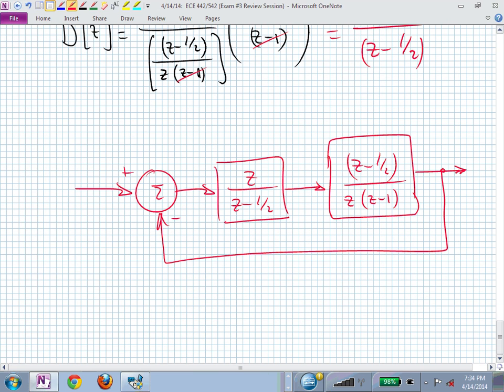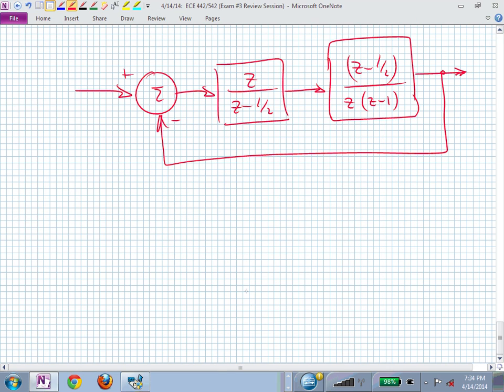Is that going to give me what I want? What I want is the closed loop transfer function between R and Y, which I didn't label, to be 1 over Z. I'm going to cancel a stable zero. I'm going to cancel a stable pole. And I'm going to end up with that in the forward path.